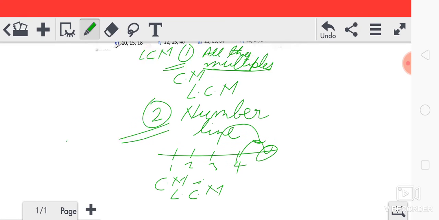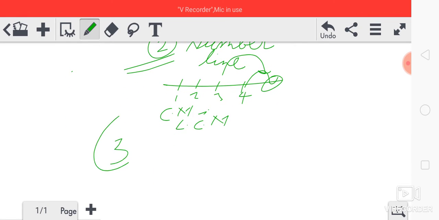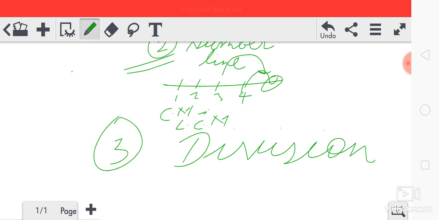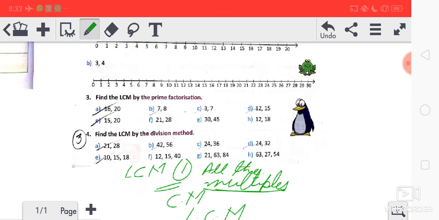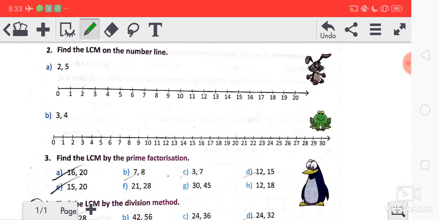Then the third method is the division method. So by the division method we are going to learn now. So two methods we have seen. One is the number line method.